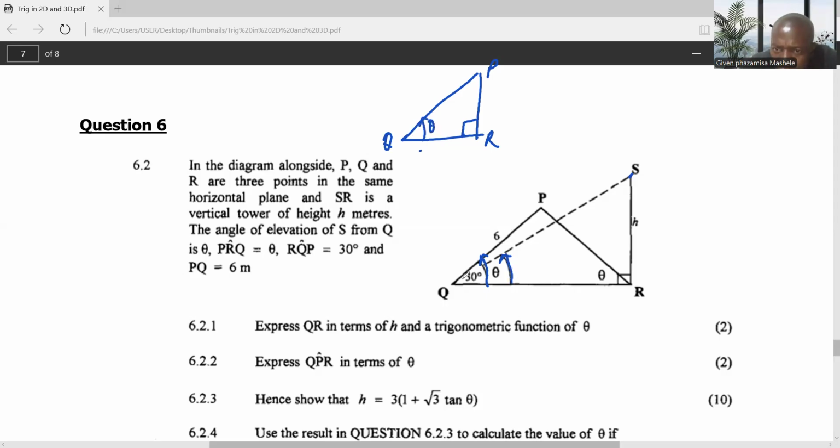So it is in this triangle. I believe you can see it, guys. Right, if it's theta, it means you can get this angle also. This is 90 minus theta. And what is the height here? The height is H. We know the height is H, SR. Sorry, I apologize. I said P in terms of S. Should be SR.